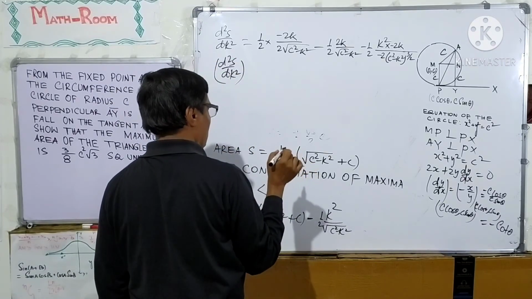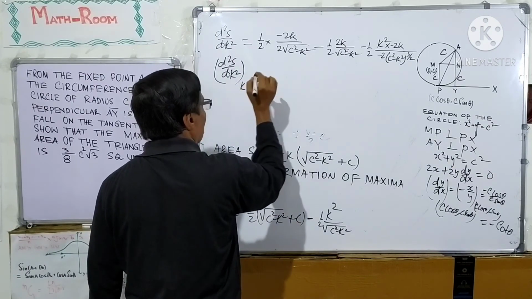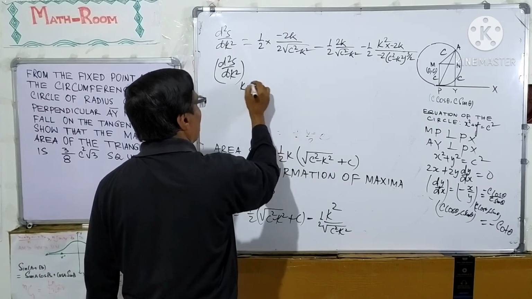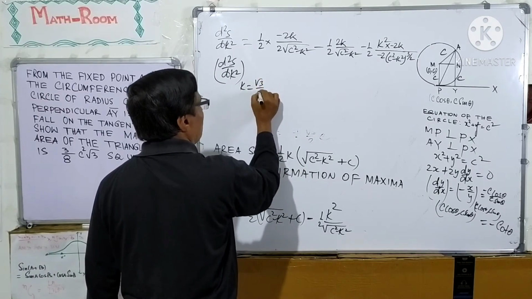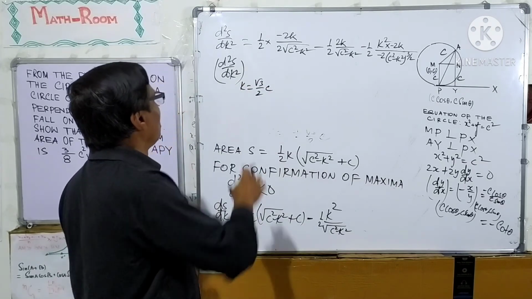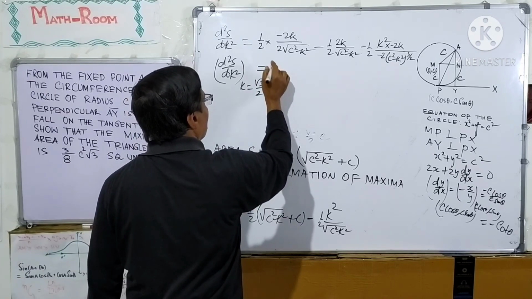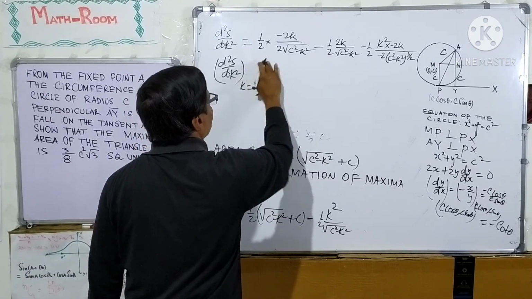At the value k equal to root 3 over 2 into c, d2S/dk2 is negative, that is less than 0.